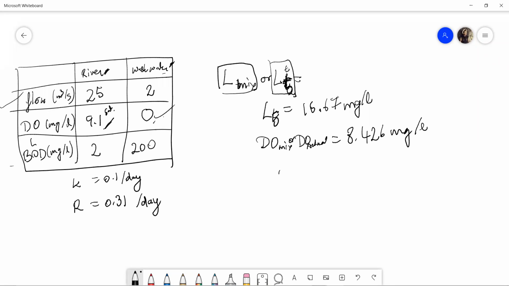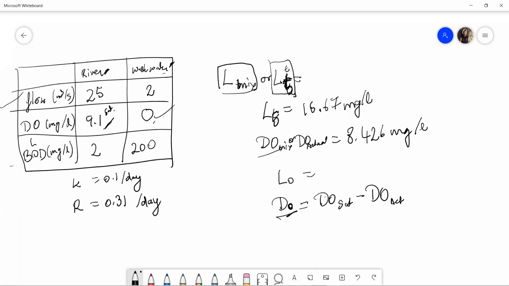Then you have to find out L naught and D naught. It's not DO, it's D naught. You have to find out the deficit. DO mix or DO actual, you know. So finding out D naught is saturation DO minus DO actual.